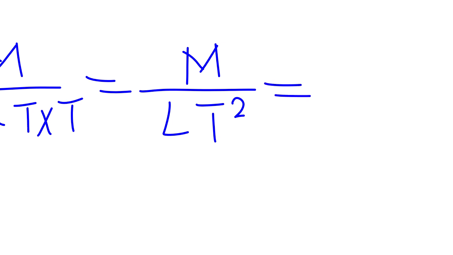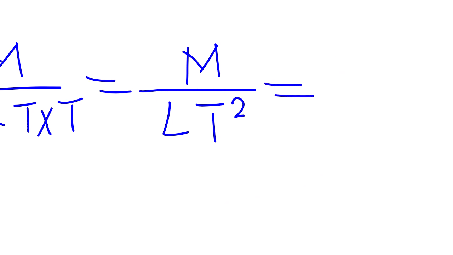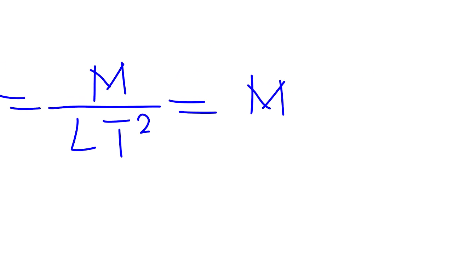And also, if we take this up, then you have m, then you have L, but now L here is just L raised to the power of minus 1, as we know that anything raised to the power of 1 is just the same thing.